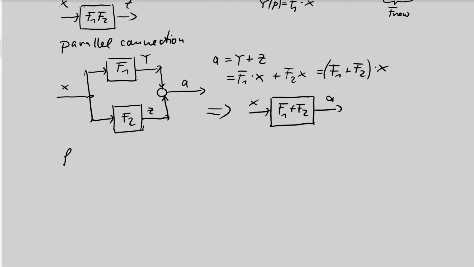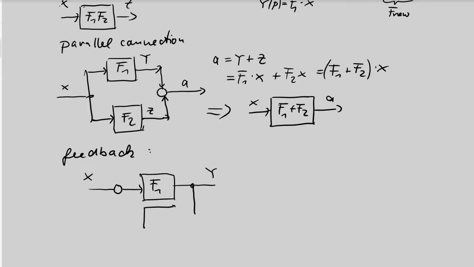Parallel connection or feedback. Okay, this looks like the following. We have an input, a summing point in the beginning, block number 1, F1, and output, say this is X and this is Y. Now the output signal is connected with a branch, and this will be the input of a second block, which is backwards connected.